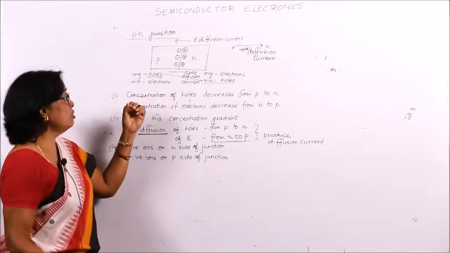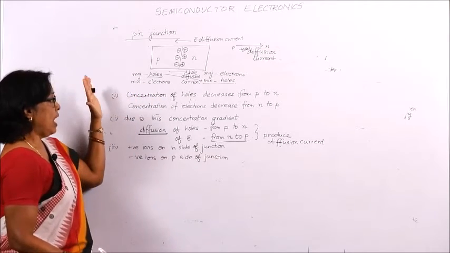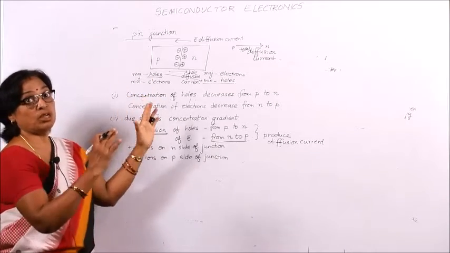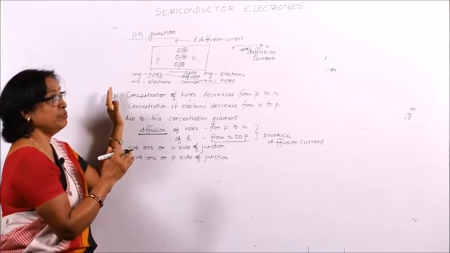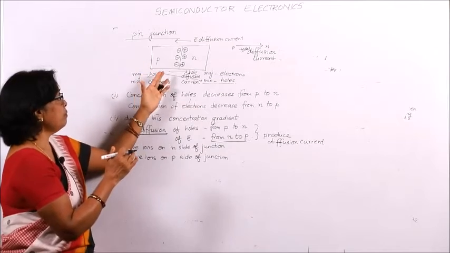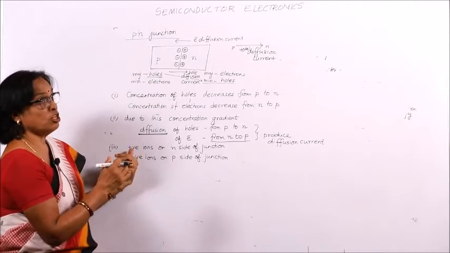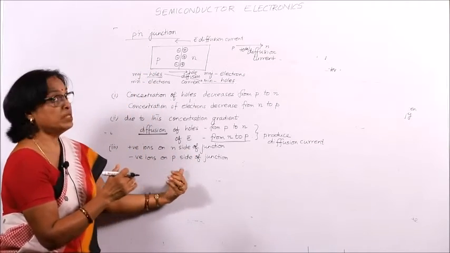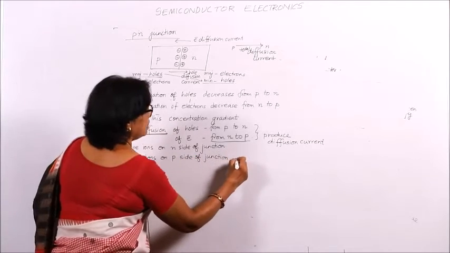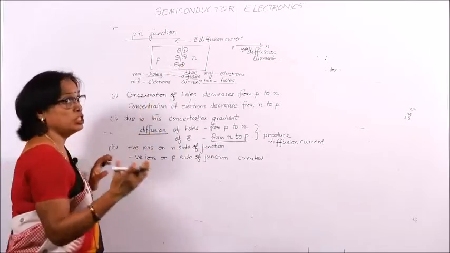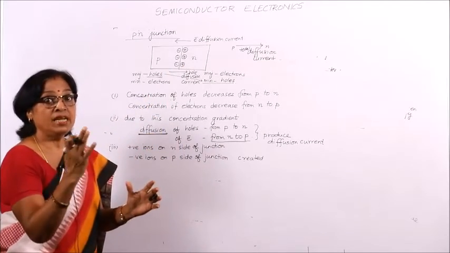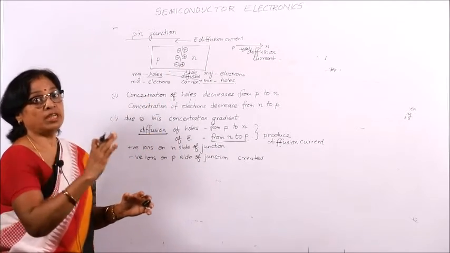But what happens now? The second thing that happens after the holes and electrons have changed places: positive ions on the n side of the junction and negative ions on the p side of the junction are created. Now you know that whenever there is a positive charge and a negative charge, there will be an electric field from the positive charge to the negative charge.